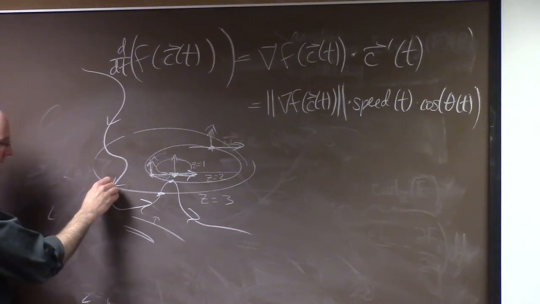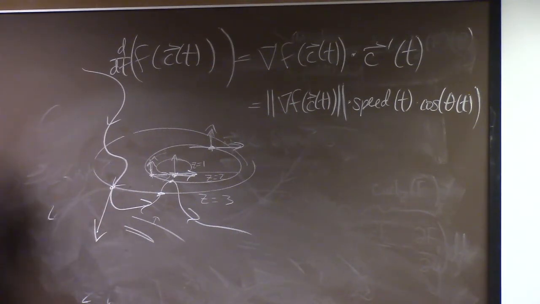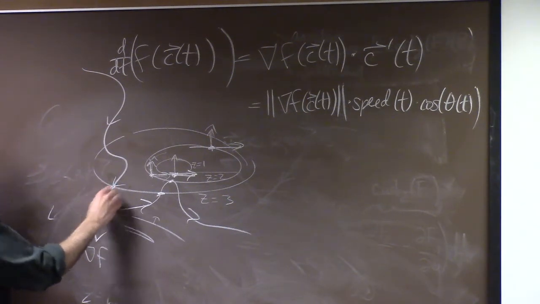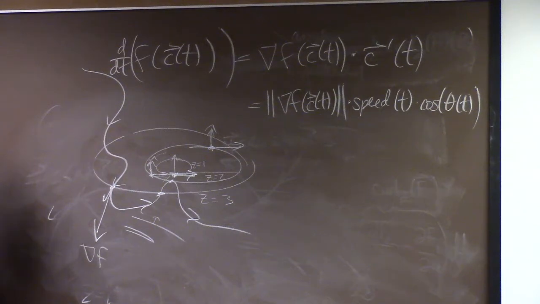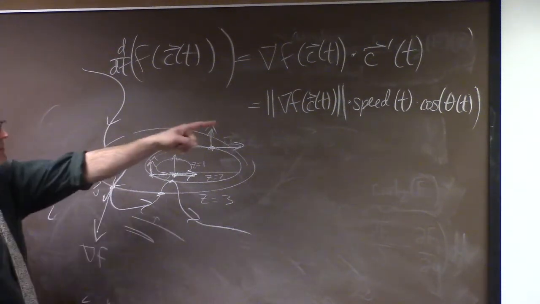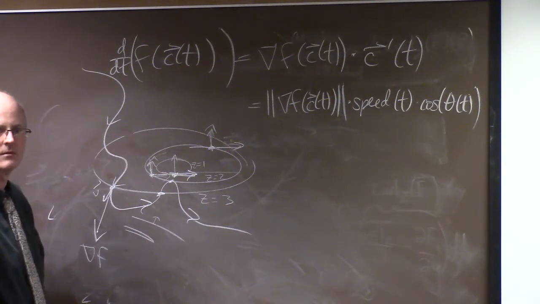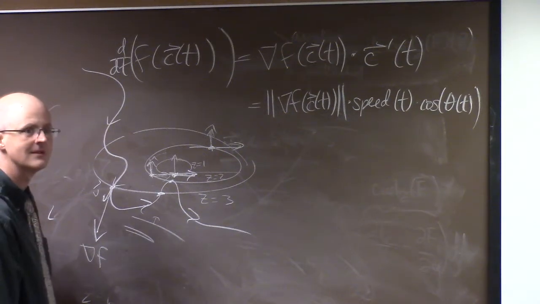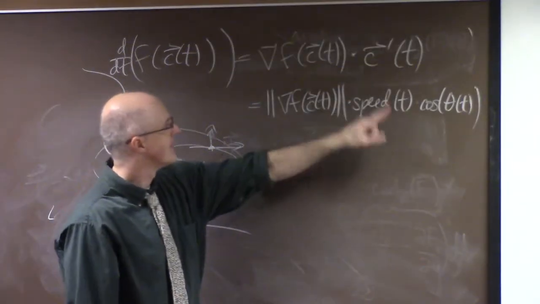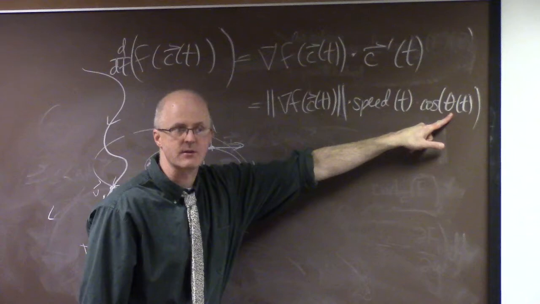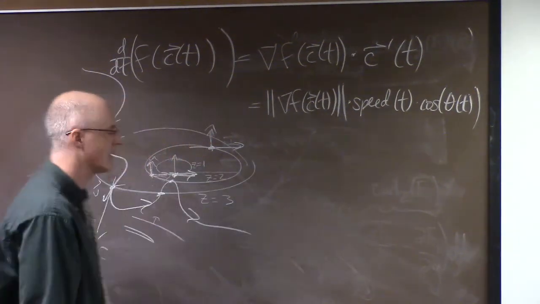Right at this point, the gradient vector looks like this, and the velocity vector is basically the same direction there. Maybe slightly different. The dot product will be 0. Not 0, positive. The angle would be between 0 and 90 degrees. Cosine would be positive there.